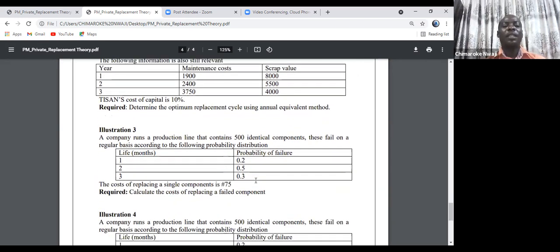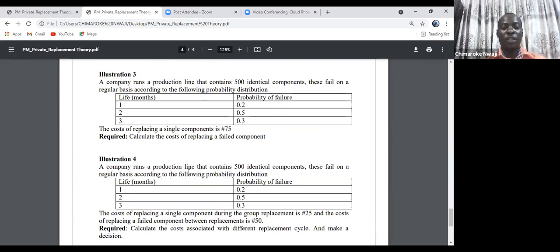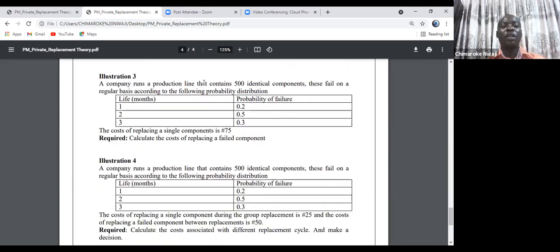Now the other part that we didn't discuss today is about the other decision making. In our next class, we have to look at that and solve illustration 3 and illustration 4. Illustration 3 is talking about a production line that has 50 identical components.